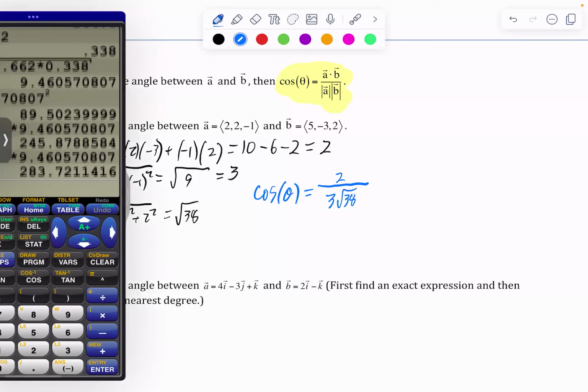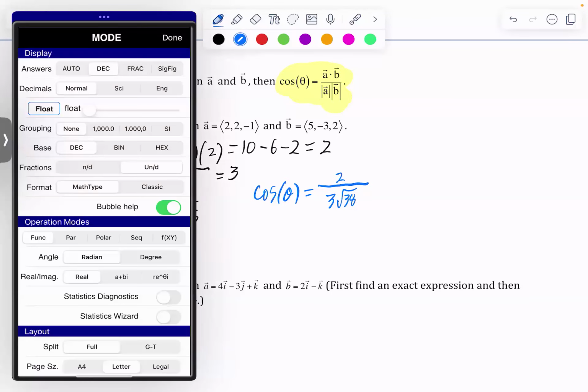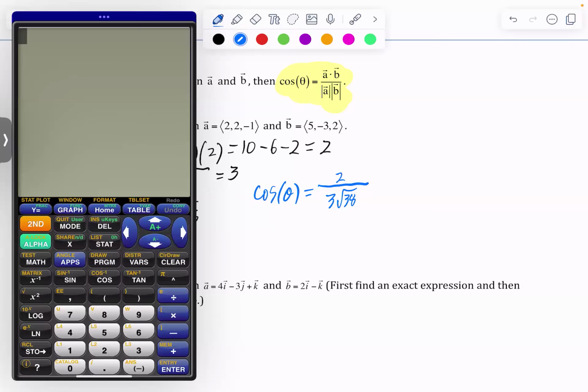Now, on my calculator, I'm going to go into mode and make sure that I am in degree mode. So I have to switch mine to degree mode. Make sure that you do that. This is one of the few times in calculus that we actually use degrees, to find the angle between vectors. So now I can do inverse cosine of 2 divided by, and I'm going to use extra parentheses here, 3 times the square root of 38.